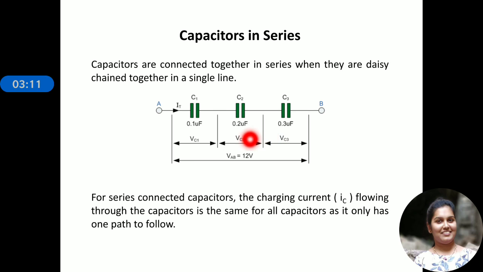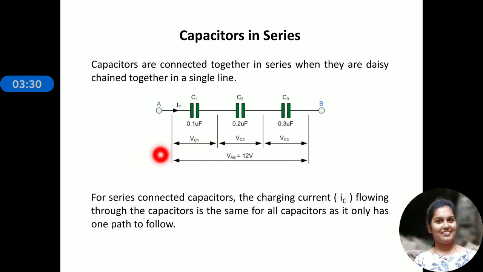For series connected capacitors, the charging current and voltage developed across the capacitors should be known in order to derive an expression for the total or equivalent capacitance.